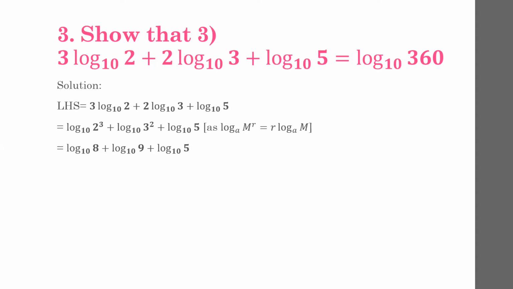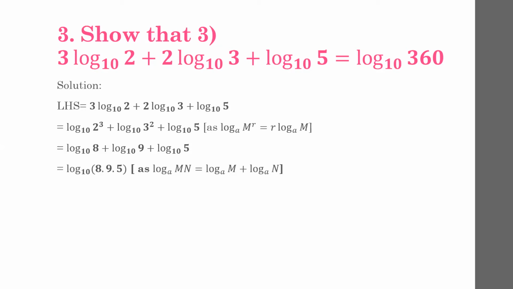As we have 10 as the base in all three terms, we can apply that formula. So applying that formula, we will have log 10 base 8 into 9 into 5, as log a base mn equals log a base m plus log a base n. Actually we have applied the reverse of this formula.